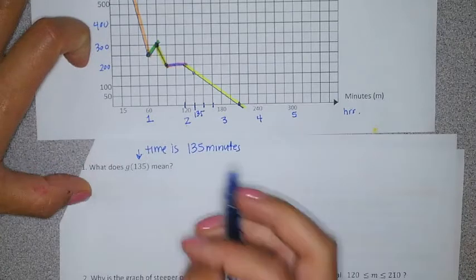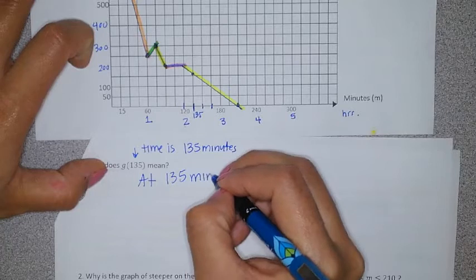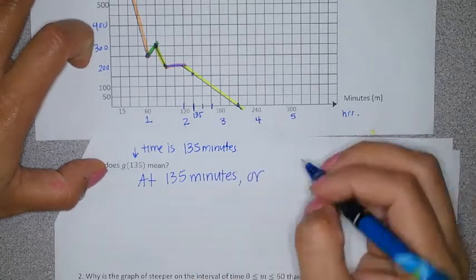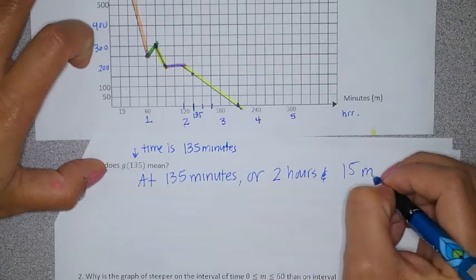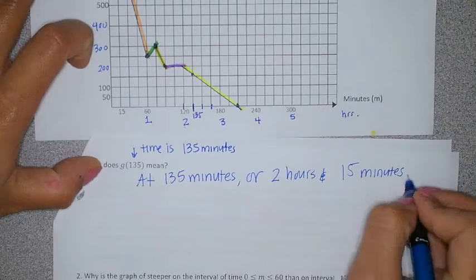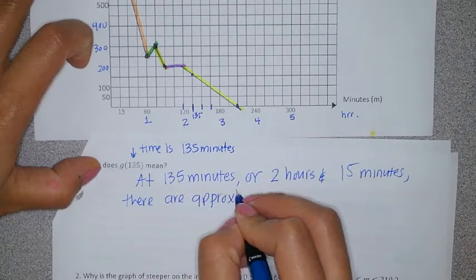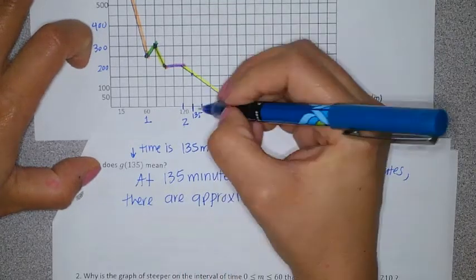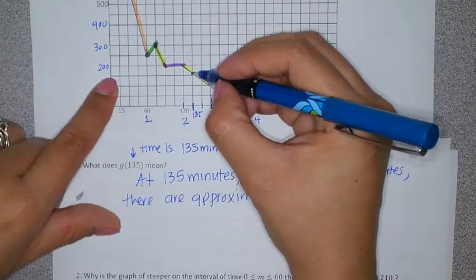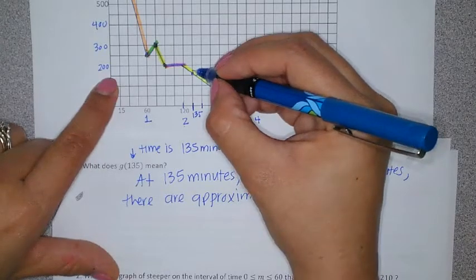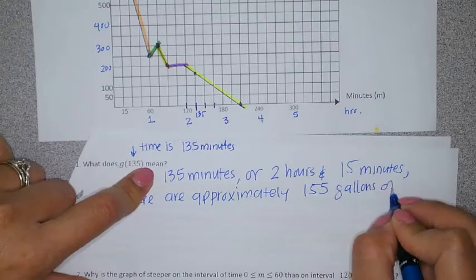So we would say at 135 minutes, or 2 hours and 15 minutes, there are approximately, and over here would be about 150, maybe 155, 155 gallons of water in the pool.